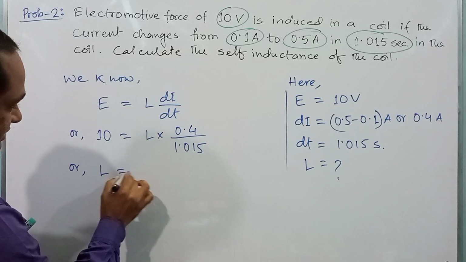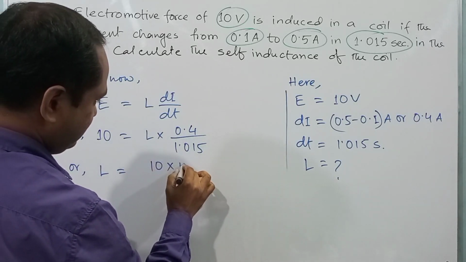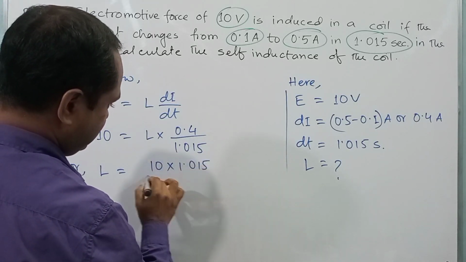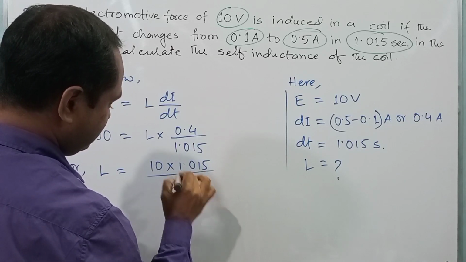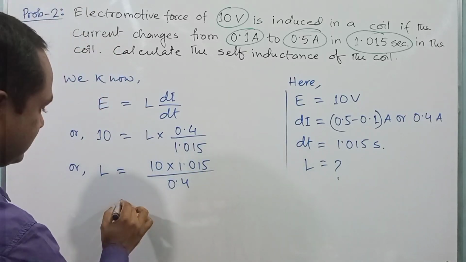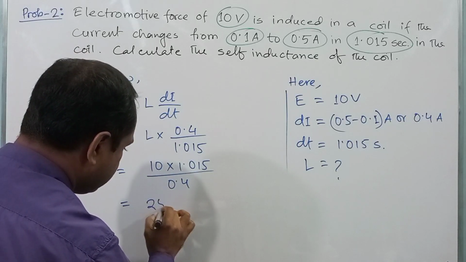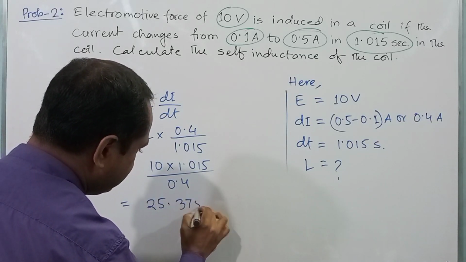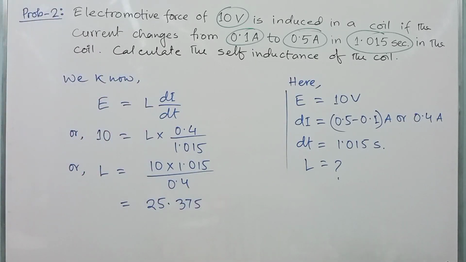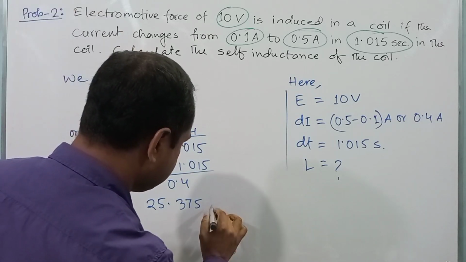Or L is equal to 10 multiplied by 1.015 divided by 0.4, and after the calculation, 25.375, and the unit of L is Henry, right?